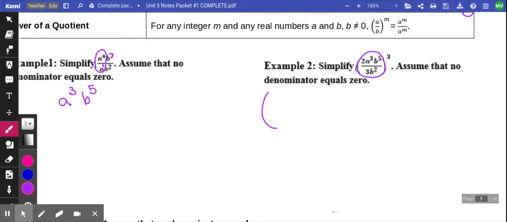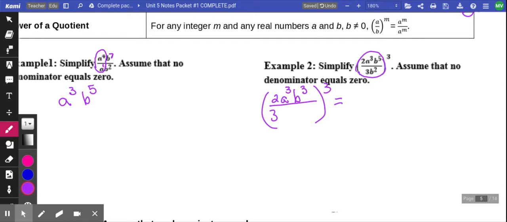The 2 over 3, I can't simplify that because that's division, and that fraction is simplified. There is only a cubed, that's the only base of the a, so it's a cubed. And then the b's, I'm dividing b to the 5th by b squared, so that's b cubed. And I'm giving that all to the power of 3.